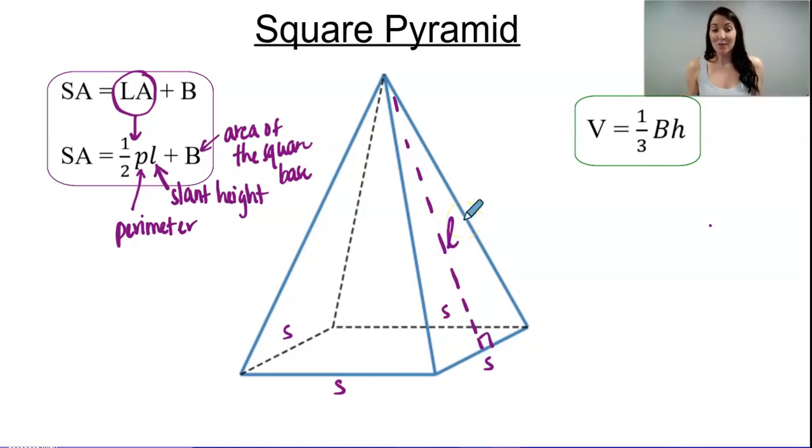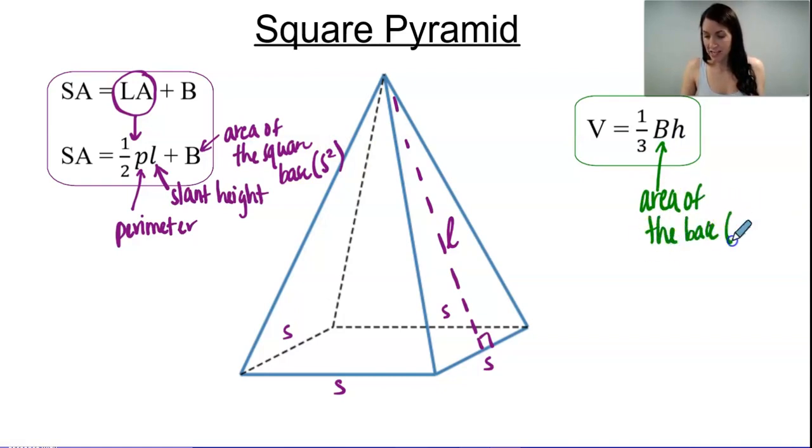The area of the square base, since it's a square, would be S times S, or S squared. Now to find the volume, we would take B, which is the area of the base, so again S squared, and H represents the height. And that's how we would find the surface area and the volume of a square pyramid.